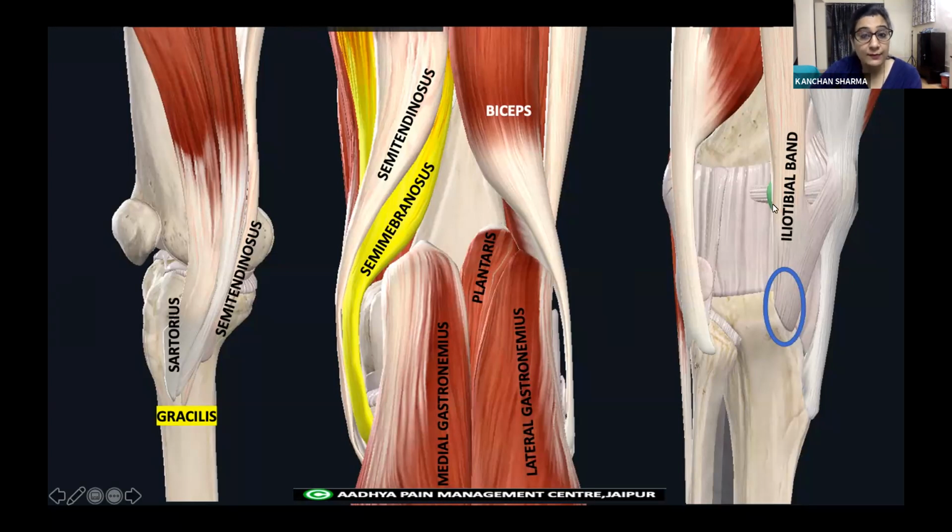And when you are able to see the enlargement of the bursa, we call it iliotibial band syndrome, which is also known as runner's knee. You will see it mostly in people who run, because there is flexion and extension. So you have chronic wear and tear of this bursa, and that results in accumulation of fluid and pain on the lateral side.